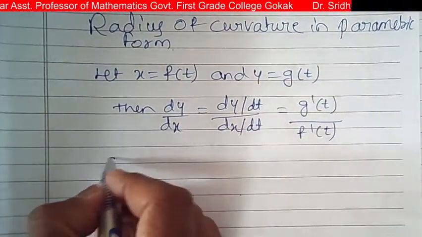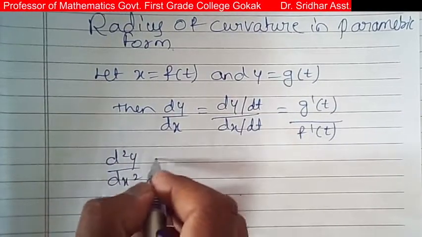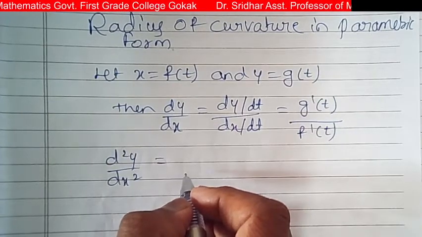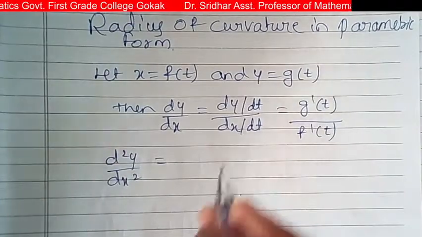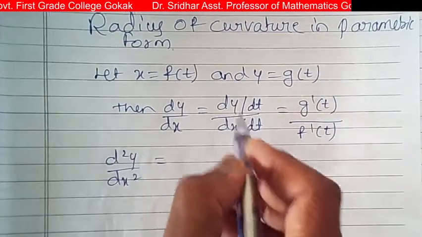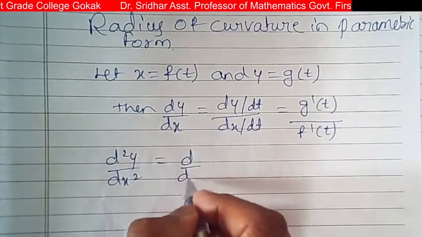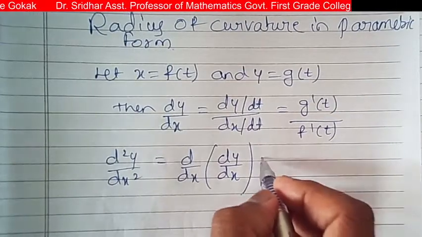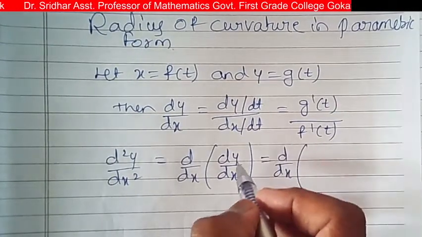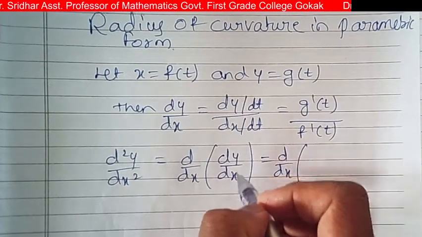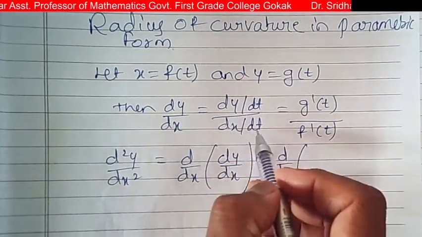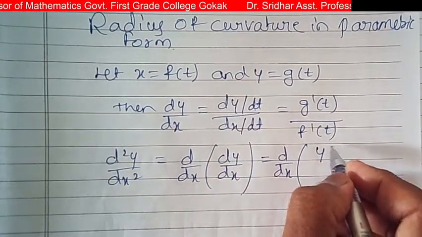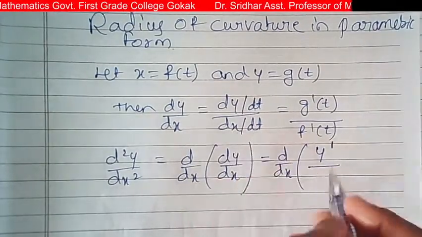Now similarly we find d²y/dx². D²y/dx² is the same as d/dx of dy/dx, and this dy/dx is equal to dy/dt divided by dx/dt. Let us denote dy/dt by y dash and dx/dt by x dash.